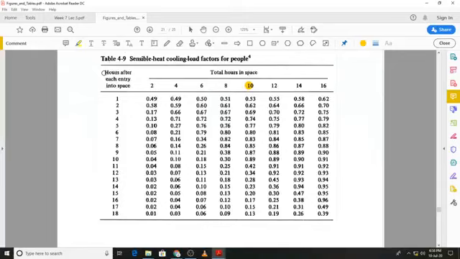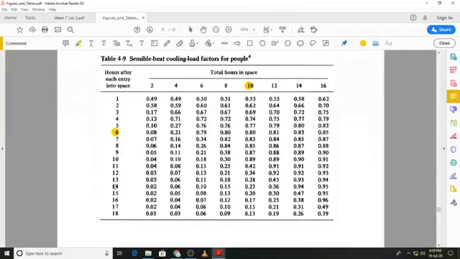So if they have entered at 8 and we are at 1400 hours, that means they have spent 6 hours in the conditioned space. So that is what we mean by hours after each entry into space. So you will use the column which has the value of 6.